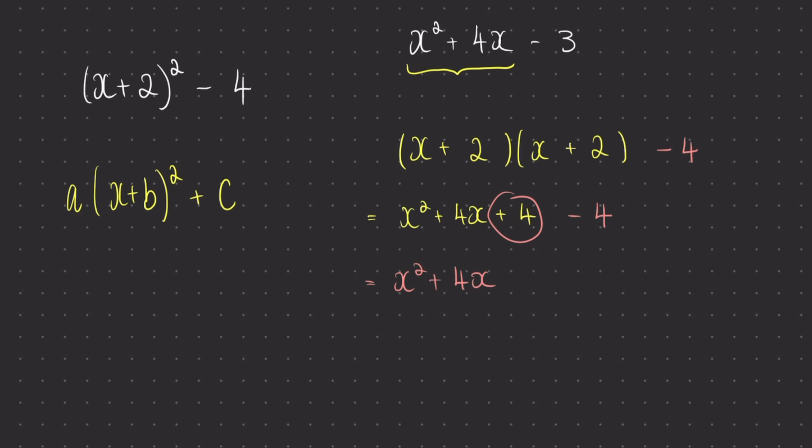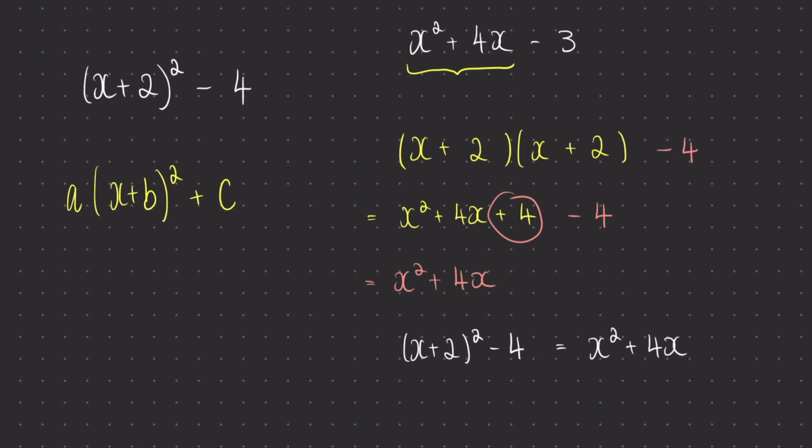Let's ask ourselves the question, what is equivalent to x squared plus 4x? Well, we can see that these three lines of algebra are all equal to each other. I wanted a perfect square form, remember? So a bracket squared. And if we look at that first line, we do in fact have a bracket squared. So (x + 2)² minus 4 is equal to my x squared plus 4x.